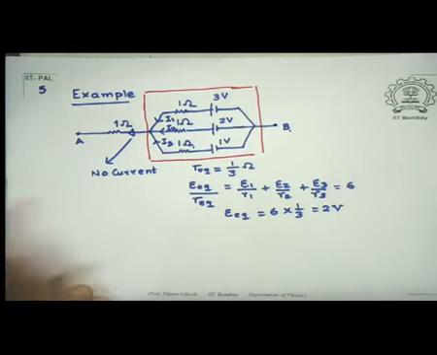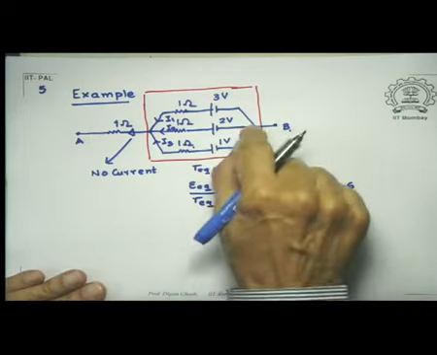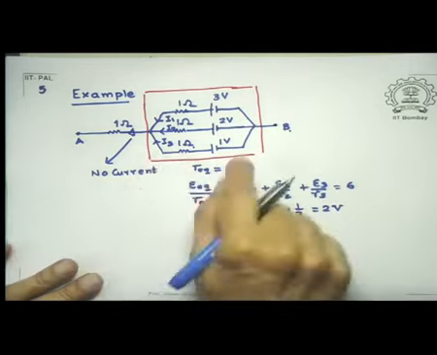Now we can actually check how it works. The way to do it is the following: suppose I come from here to there.